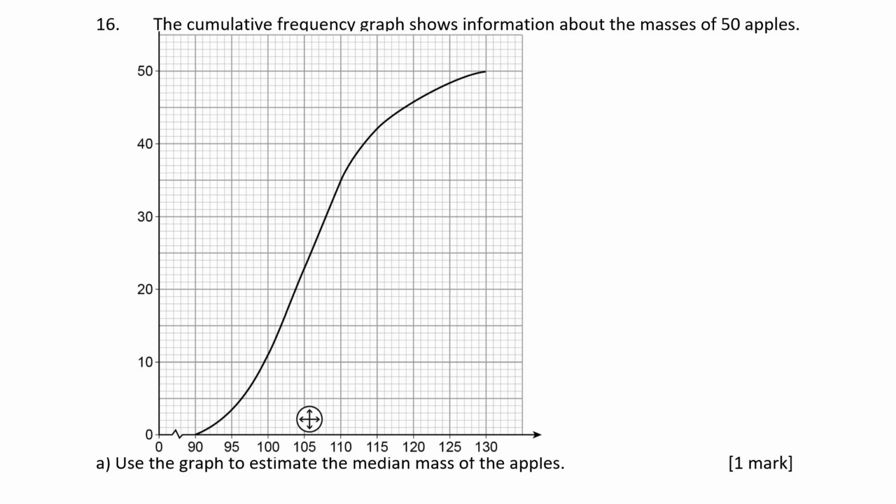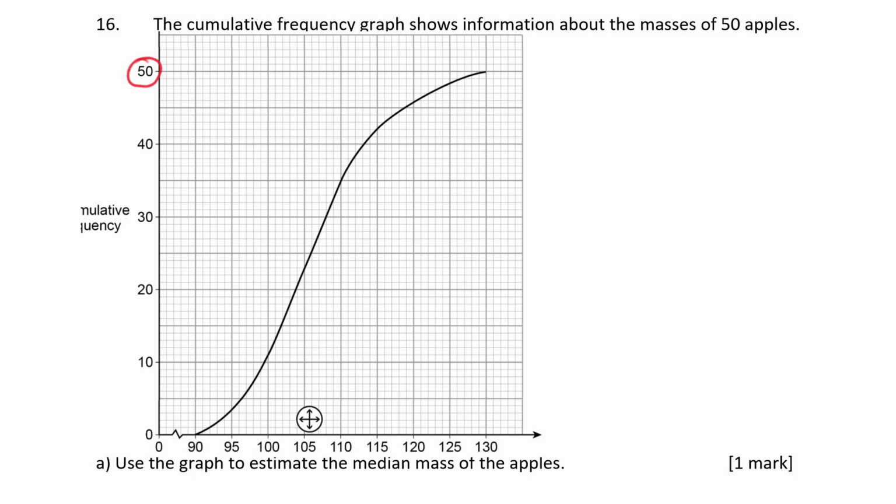So 50 plus 1, 51 divided by 2, 25.5. But on a scale like this, you might as well just use the top value of your cumulative frequency, because it doesn't make a lot of difference. Looking up at 25.5 or 25 doesn't make a great deal of difference to this graph. So you're allowed to just use the 50, divide it by 2, and then use that as your lookup value.